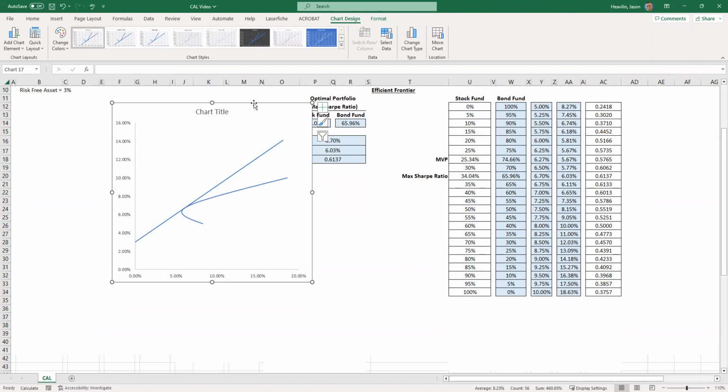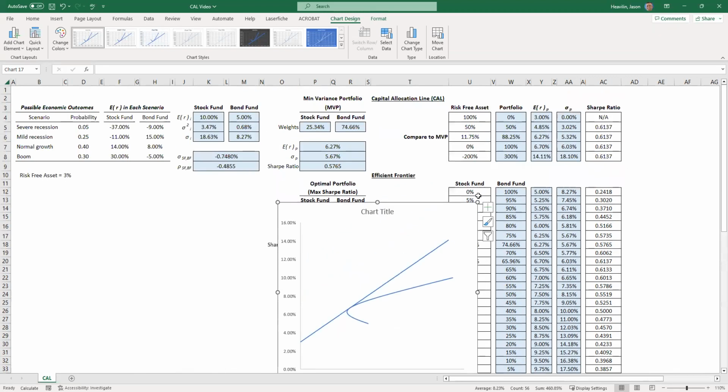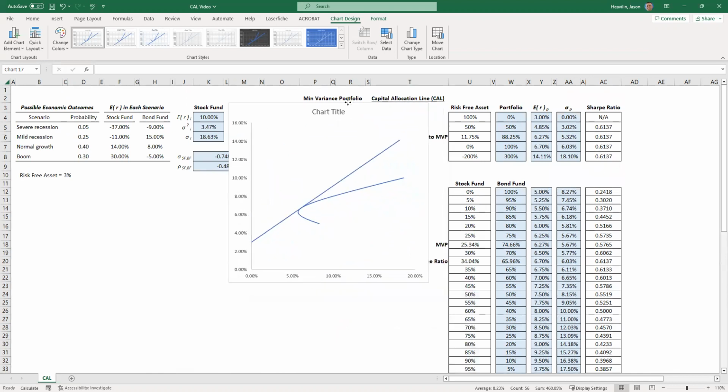So what you have here is the capital allocation line, which is a straight line. That represents these here. This here is what they call the efficient frontier.